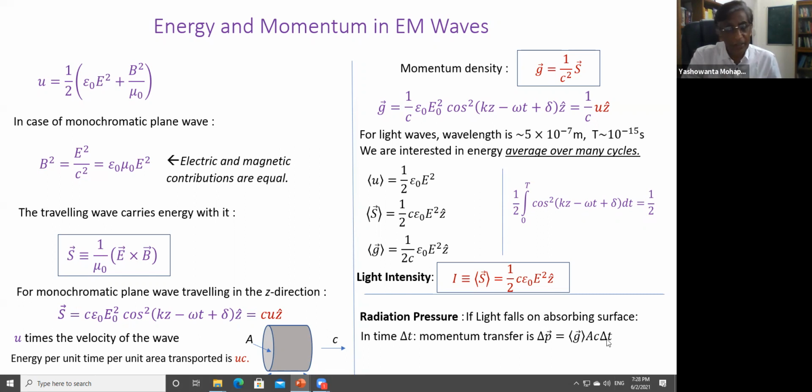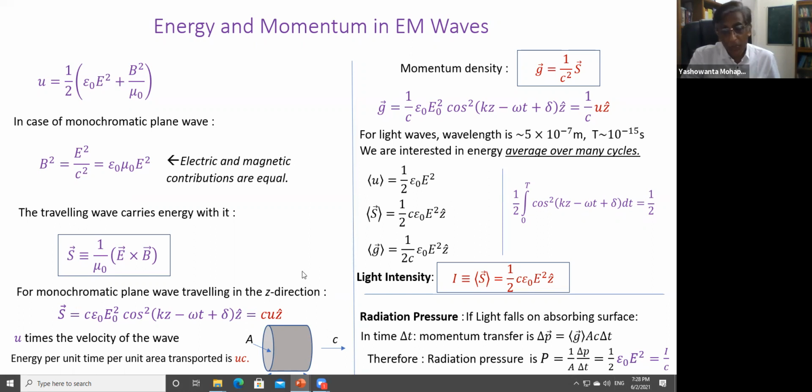That is the total momentum transferred, and hence the pressure I can calculate as 1 by A del p by del t, which is half epsilon naught E square, and that is nothing but intensity divided by the speed of light.